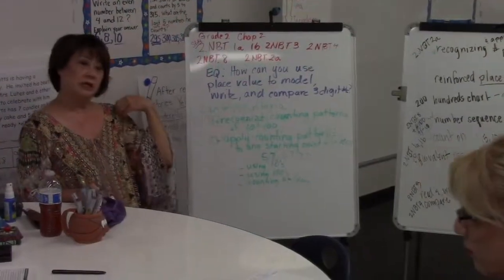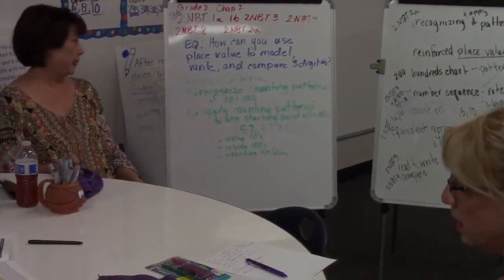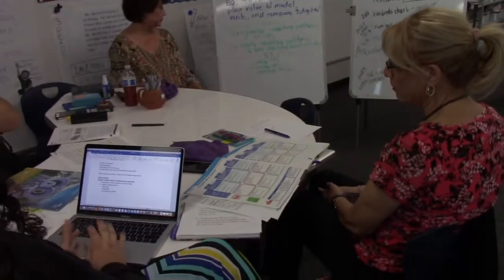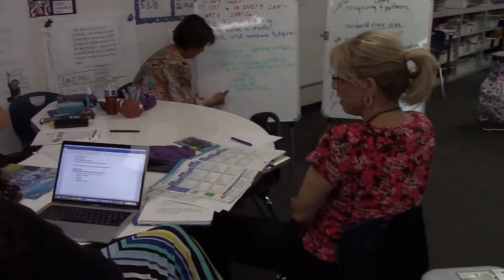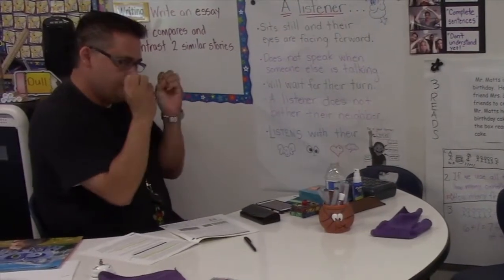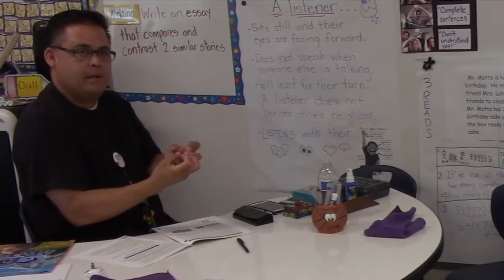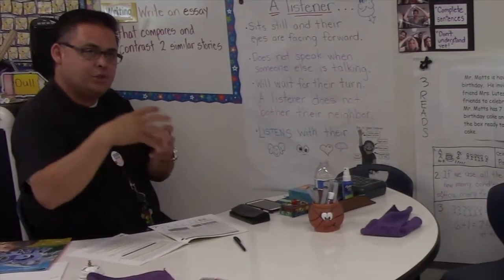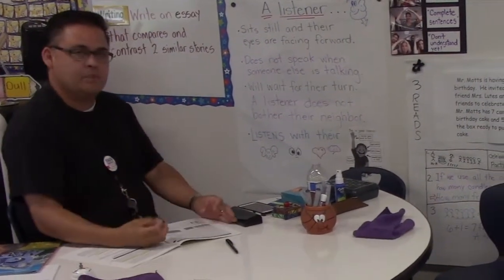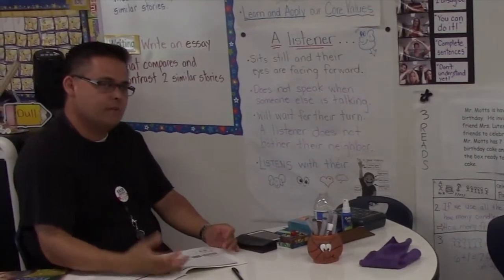I think they also have to be able to model 3-digit numbers with blocks, quick picks, or base 10 blocks. Because there's a difference between just dealing with the 57 versus really manipulating the 10s and 1s to be able to show the equivalent representation in a different form of hundreds, 10s, and 1s.